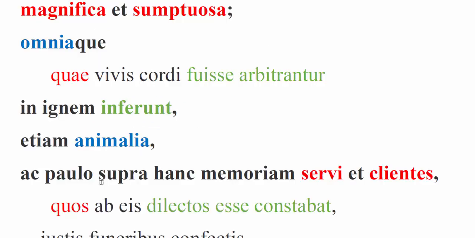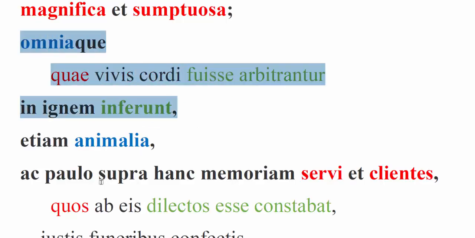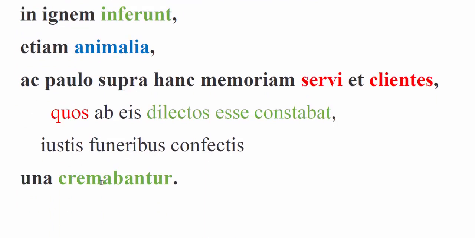So these days, they only bring the things to the fire that you particularly liked when you were alive, and they'll bring your favorite animals to the fire too, to be sacrificed with you as you journey to the next life. But not too long ago, they would even offer up slaves and clients that were your favorites to be cremated with you, to go to the afterlife with you.